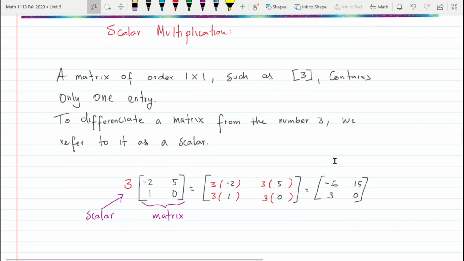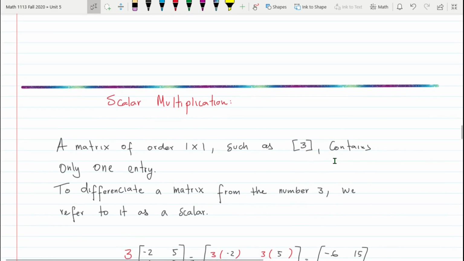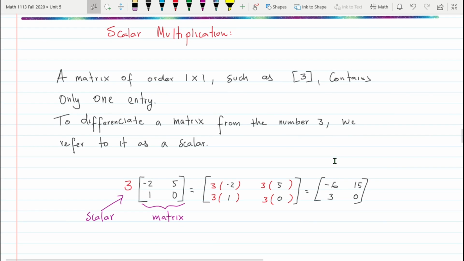Next, let's talk about scalar multiplication. What is scalar multiplication? Whenever you have a matrix that is of order 1 by 1, for example, this matrix with the element 3, as you can see, it only contains one entry, right?